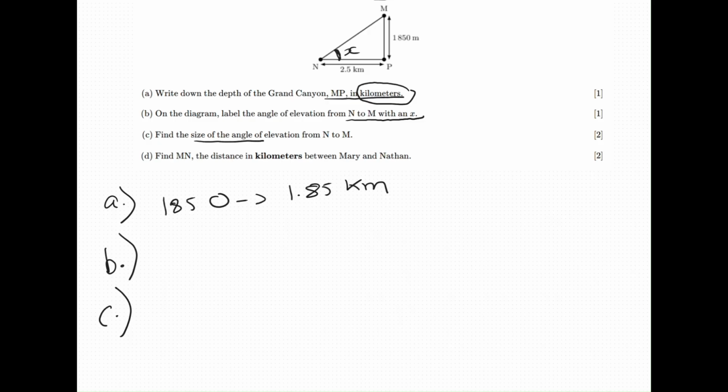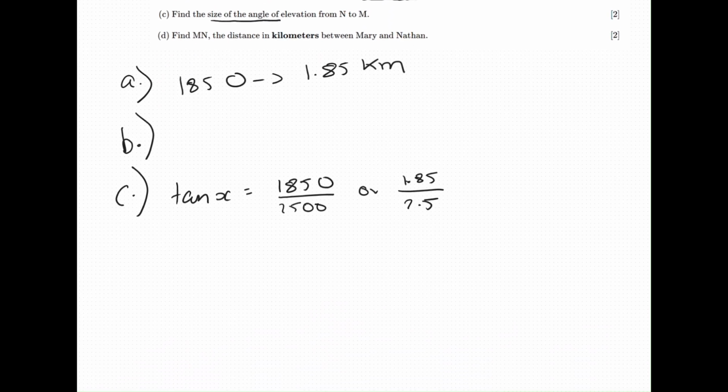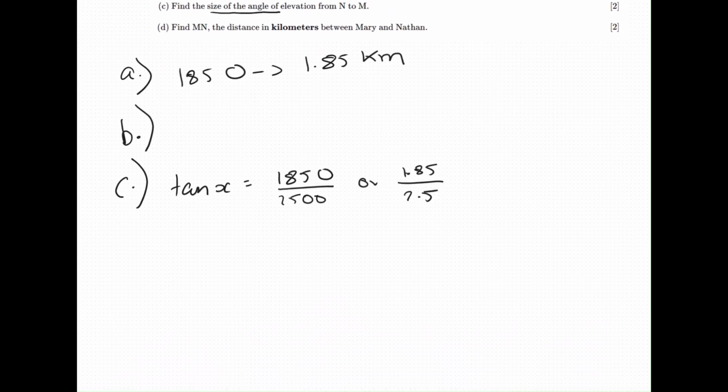And so in this case you'd have to use tan, as you'd say tan x equals 1,850 over 2,500, or 1.85 over 2.5. Whichever way you do it, you should get the same answer.